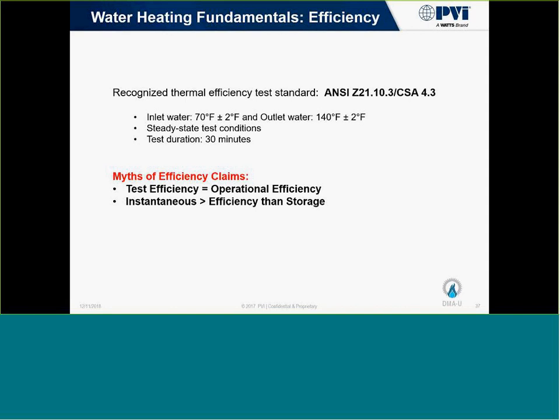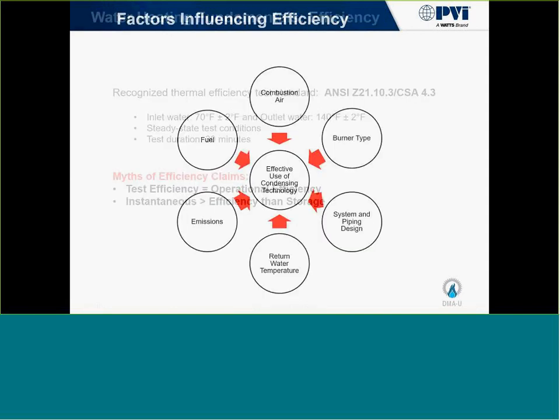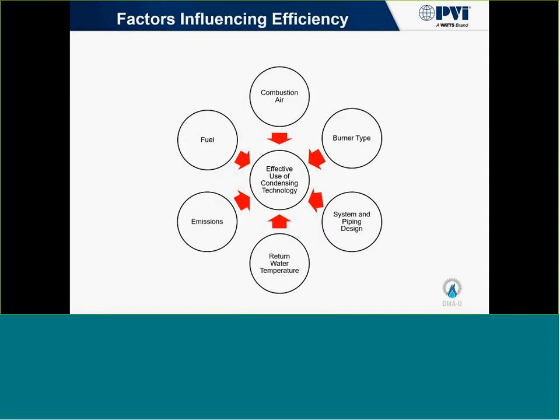The test itself is steady, so we're always feeding it 70 degrees. We're always pulling 140 degrees out of it, so that does not change. But what that means is in our field conditions, it's very hard to replicate that test because we don't always feed our water heaters with 70-degree water. And we'll talk about that extensively coming up.